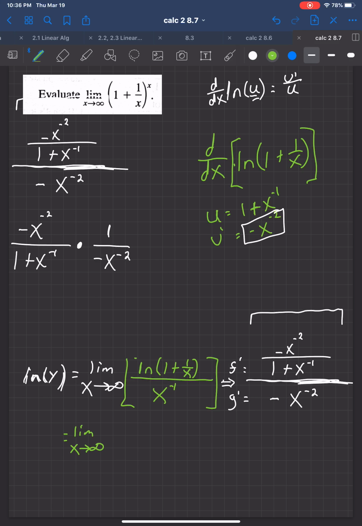And the good news is we have some things that cancel. And what we're left with at that point is just 1 over 1 plus x to the negative 1. Okay? So that's what I'm going to drop down here: 1 over 1 plus x to the negative 1.